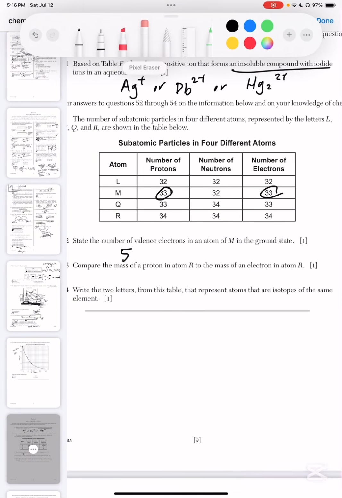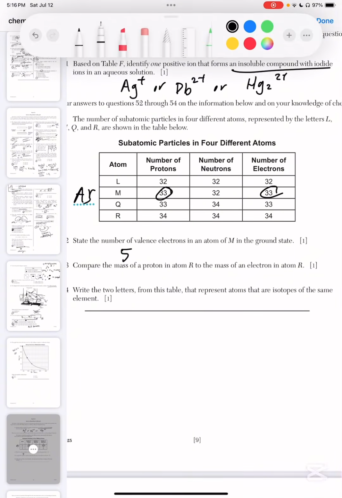Judging by the fact that it has 33 protons, I just said that this has got to be arsenic. So I looked on the reference table for the electron configuration of arsenic, and the number of valence electrons is 5. That's the last number, right?